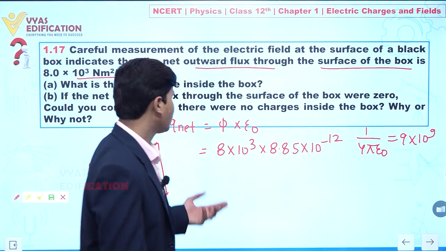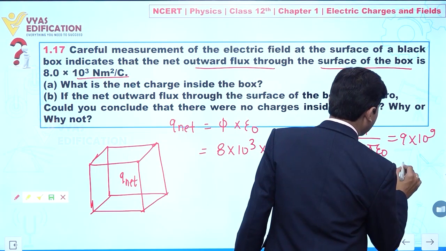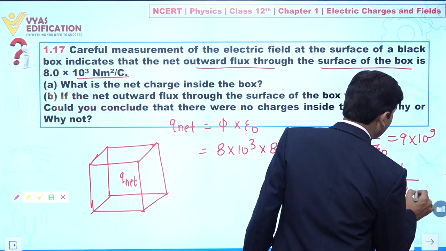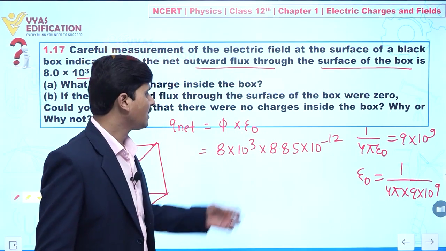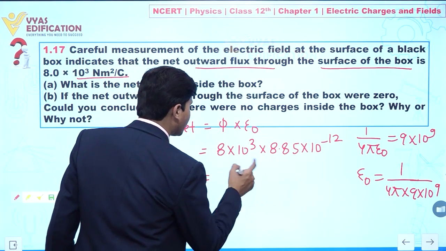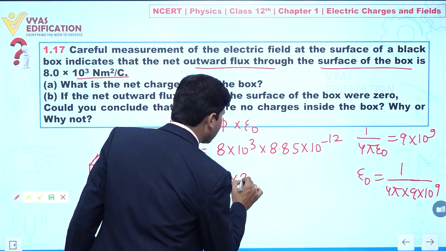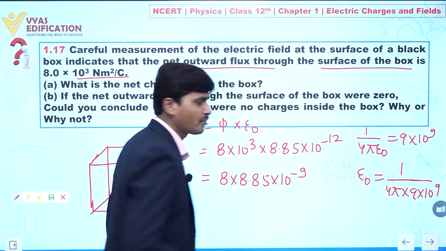So the value of epsilon naught is 1 upon 4 pi into 9 into 10 to the power 9, and you will get the same value, 8.85 into 10 to the power minus 12.